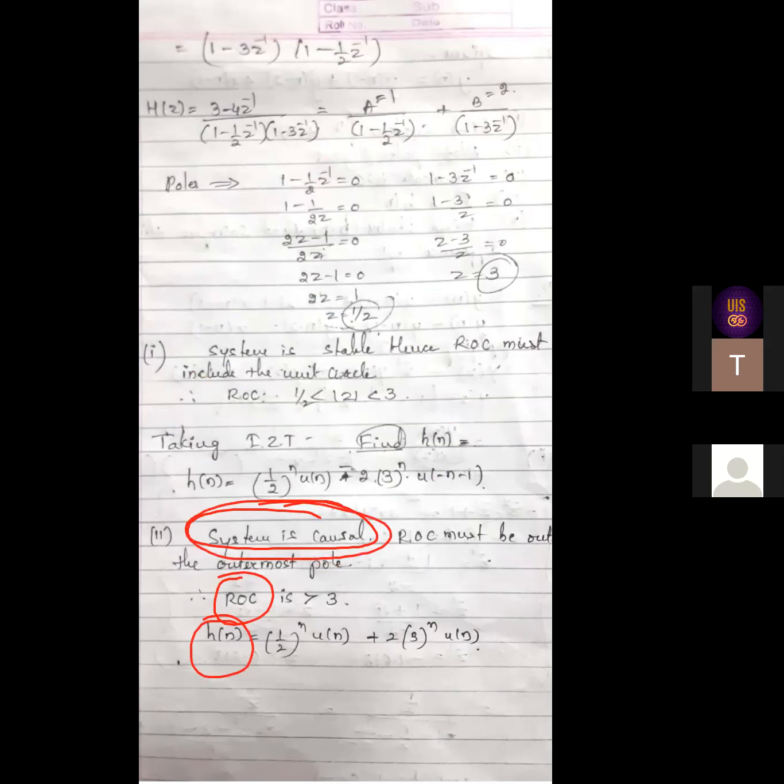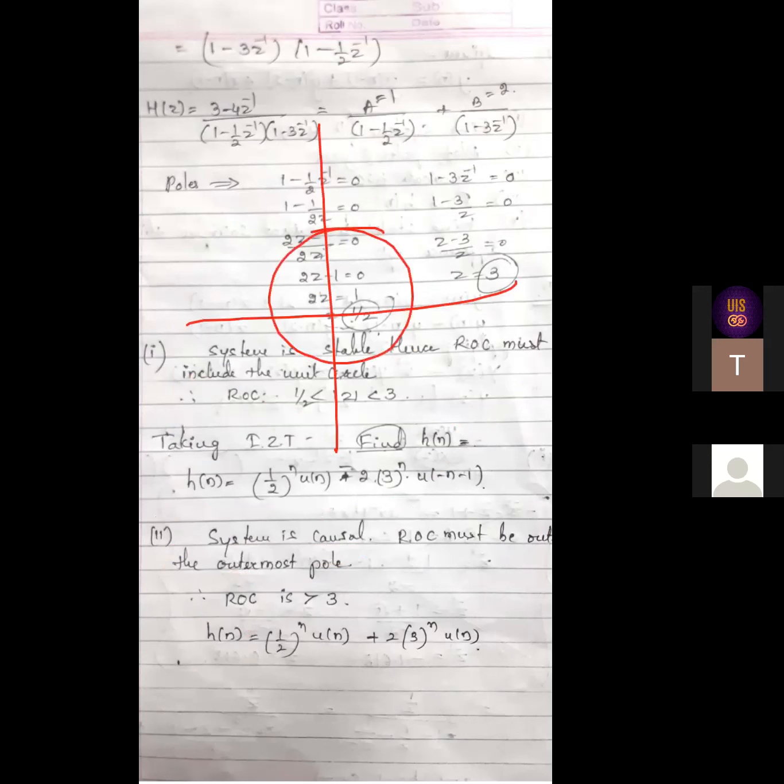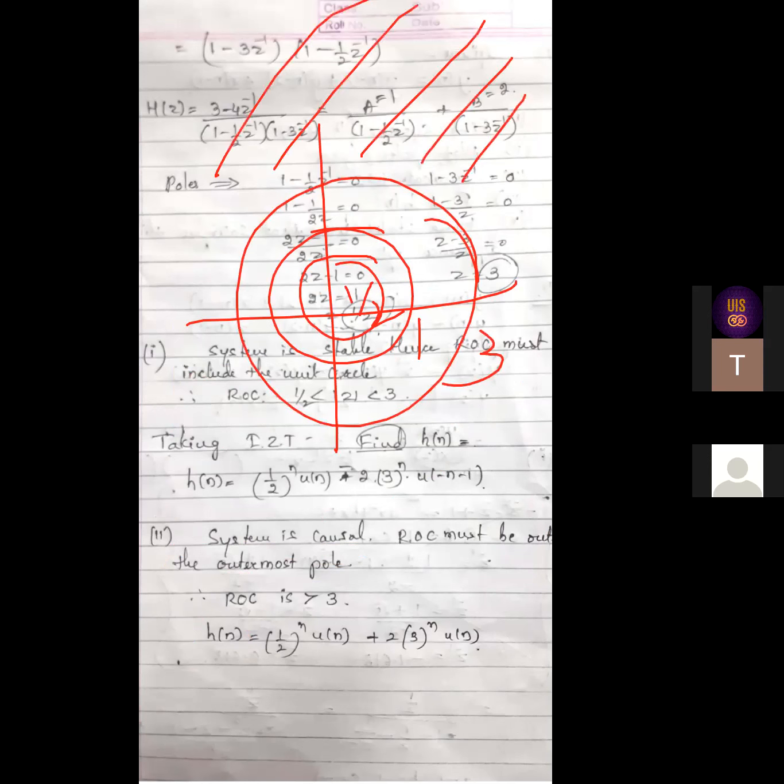Now we have to find the ROC and H of n for the system to be causal. What is the condition for causality of the system in Z transform? The ROC must be outside the outermost circle. If this is your unit circle, this is your half, this is your unit circle, and this is your 3. Outside the outermost circle. Outermost circle is 3. So it is multiplied by U of n.